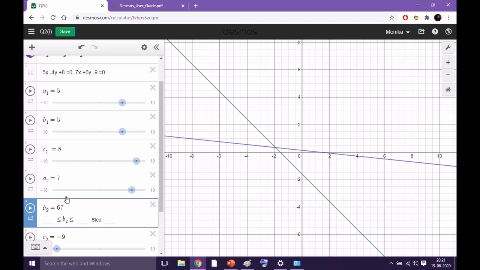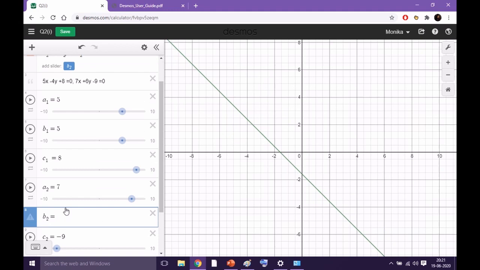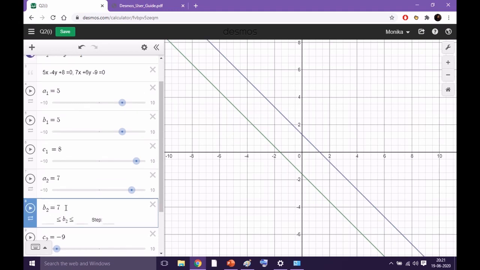A1 upon A2 is 5 by 7 and B1 by B2 is also 5 by 7. Now C1 by C2 is not equal. Which ratios are equal? We have A1 upon A2 equal to B1 upon B2, but C1 upon C2 is not equal.